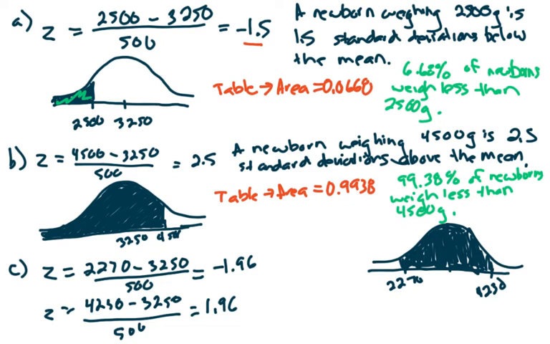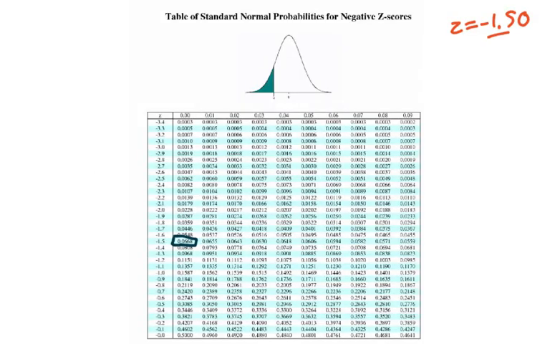So I'm going to find negative 1.96 on our table. We make sure we look for a negative 1.96. So I'm going to go down to negative 1.9 and then over to 6.